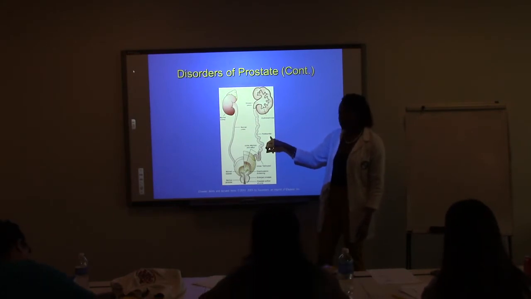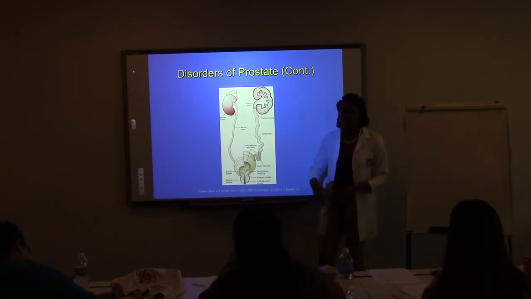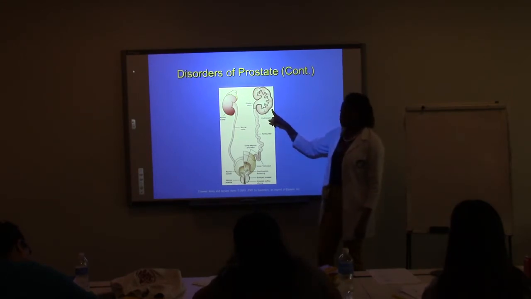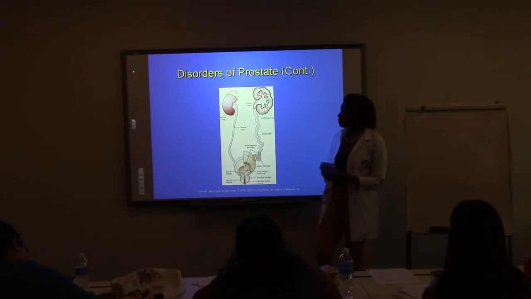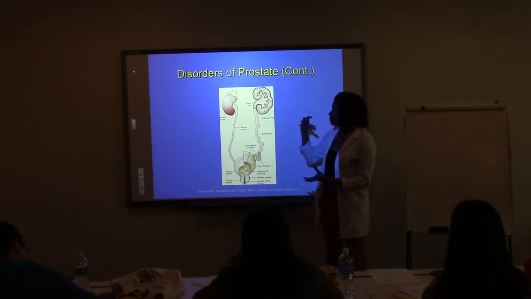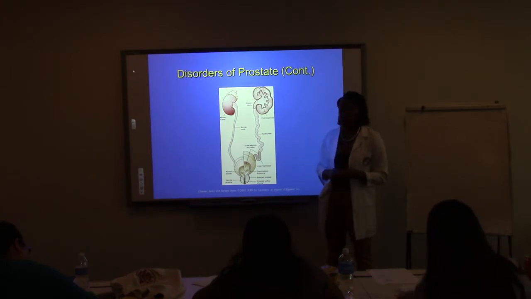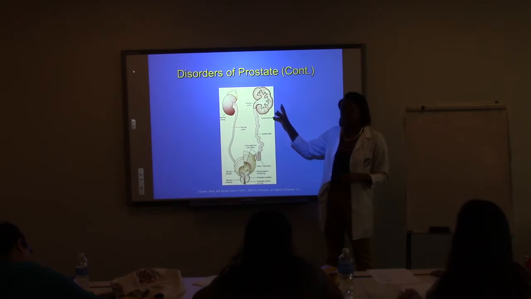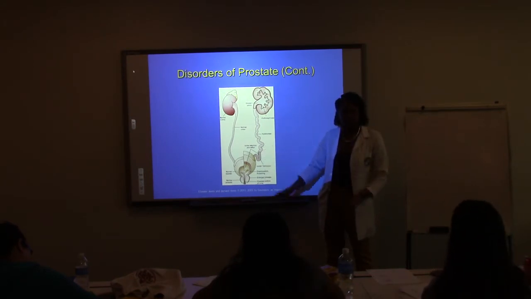So hydro for water, ureter the actual structure. And hydronephrosis means that the urine will build up in the kidney, and the kidneys become larger. And again, if this goes on too long, this is definitely going to alter kidney function and cause a whole bunch of issues with the kidney.